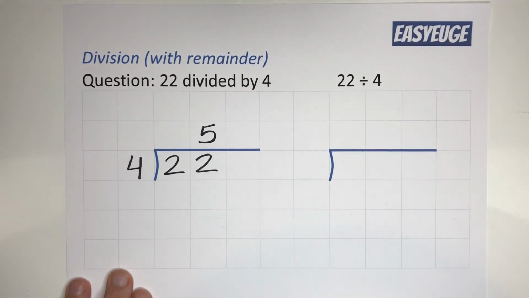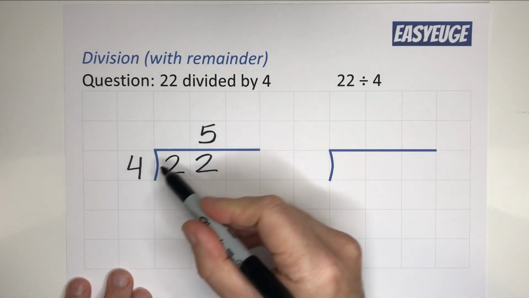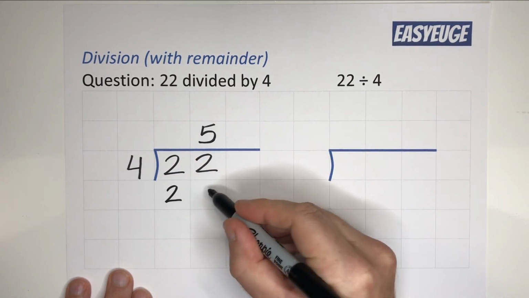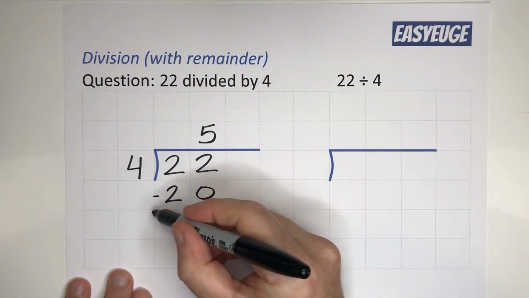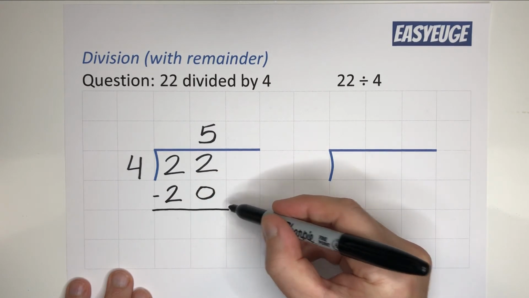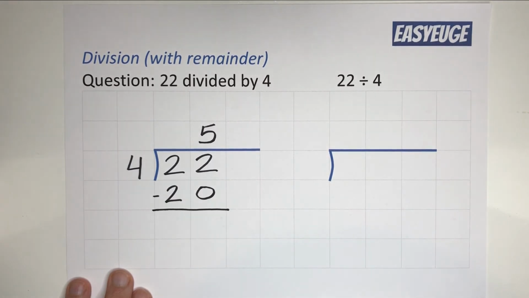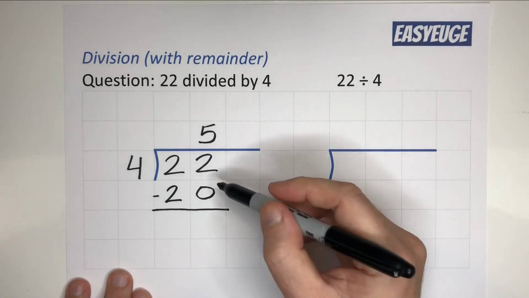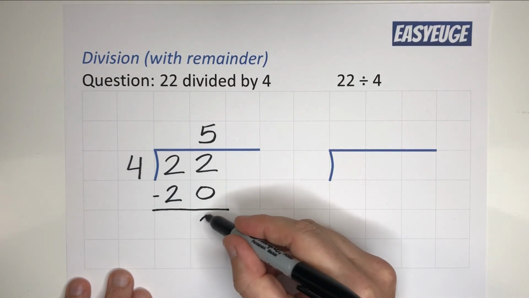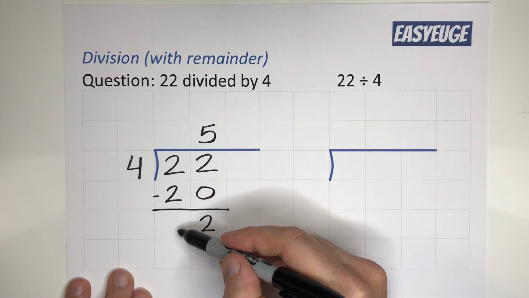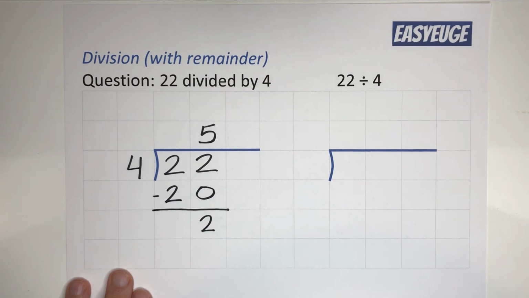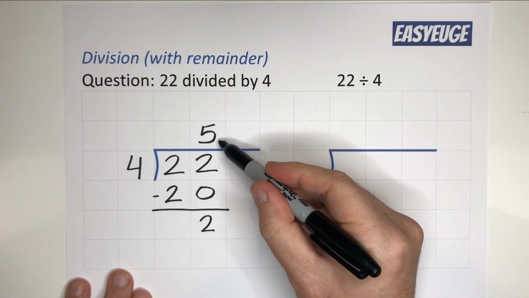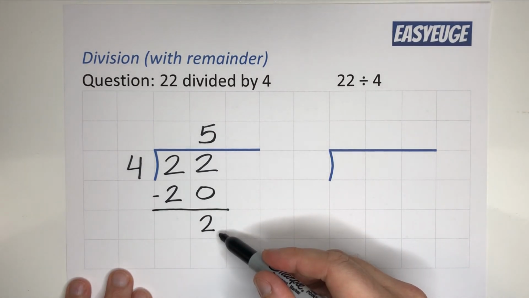So what do we do next? Well, I know that 5 4s are 20, and we write that down. And when we do our subtraction to find out if we have a remainder, 22 take away 20 is 2, or 2 take away 0 is 2, 2 take away 2 is 0. So the answer to this question, 22 divided by 4, is 5. It goes in 5 full times, and there's a remainder of 2.